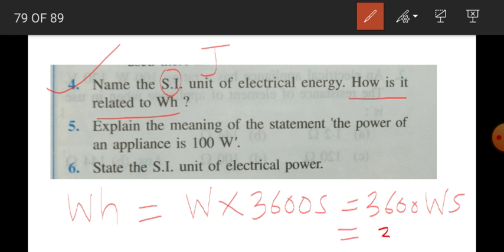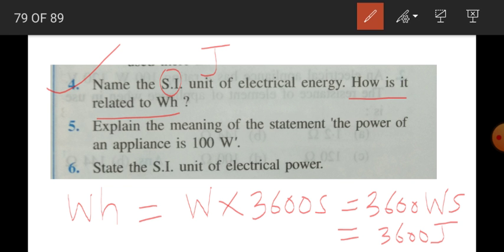Watt second is joule. So 1 watt hour is equal to 3600 joule. When we add kilo, it will become kilowatt hour. In that case, the final number will change here. That is not asked, so I am not doing that here.